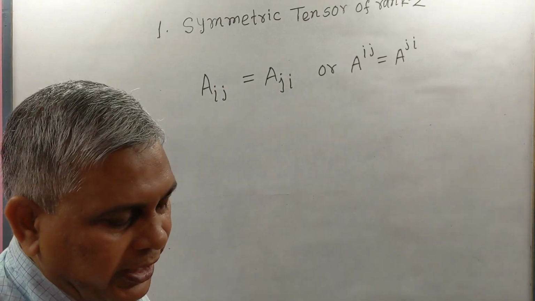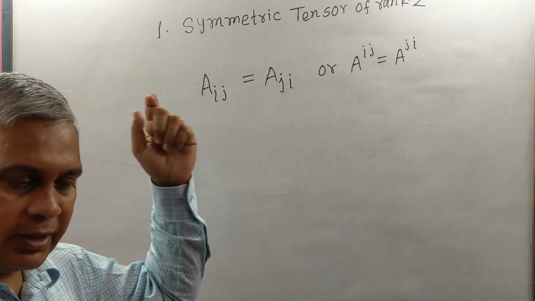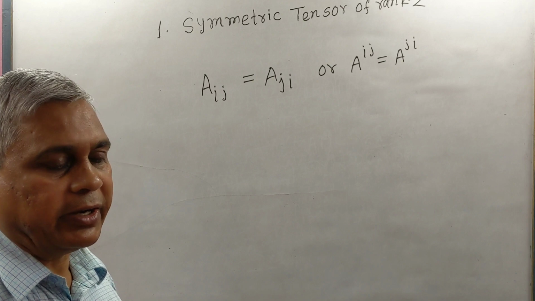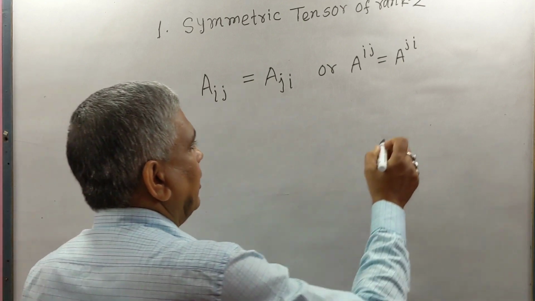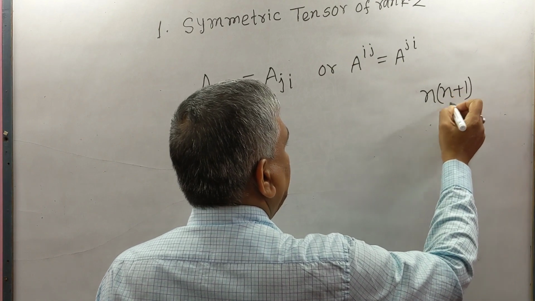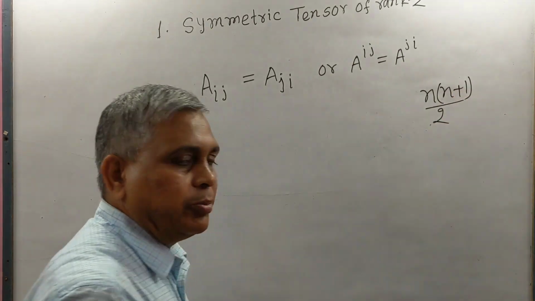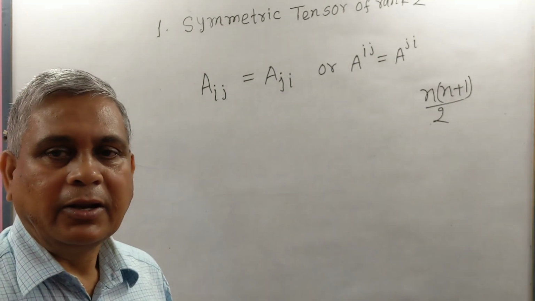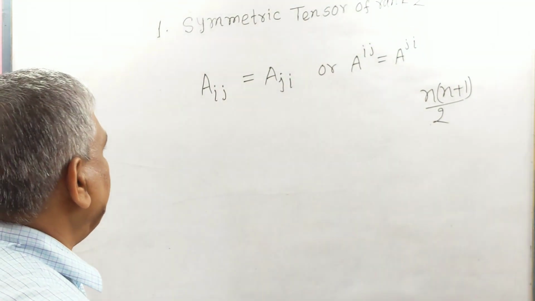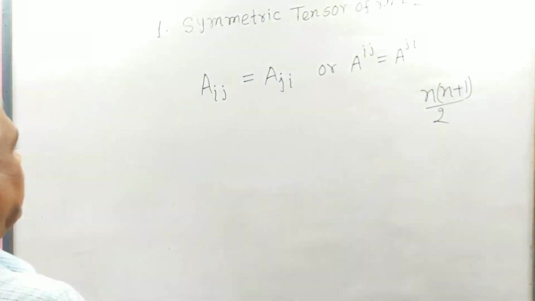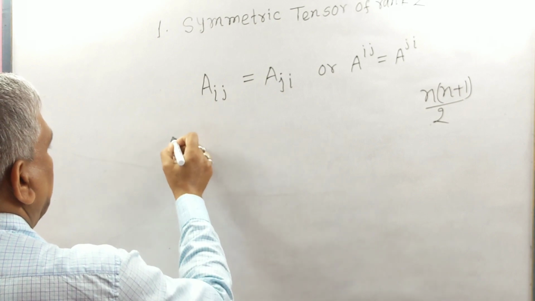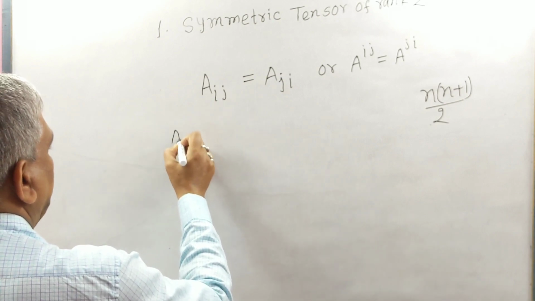Now we shall prove that in the symmetric tensor of rank 2 we get only n into n plus 1 by 2 number of independent components. Let us write the tensor of rank 2 in matrix form.